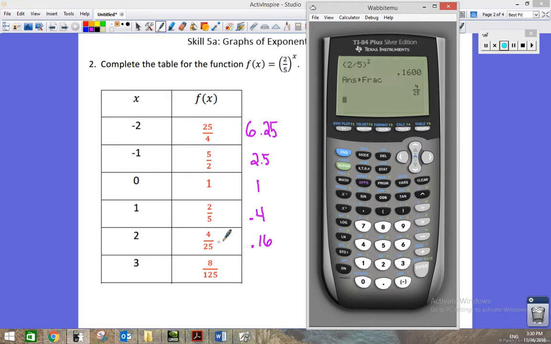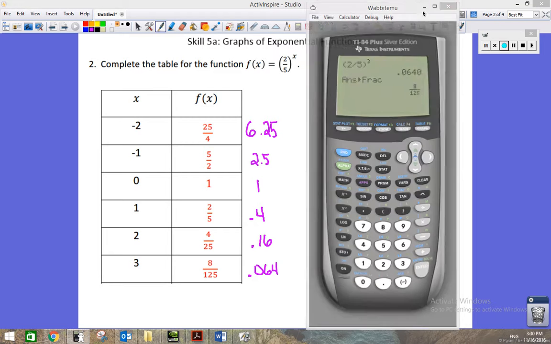So you can see we got 4 over 25. If I plug in 3 as an exponent, 2 cubed is 8, 5 cubed is 125, and as a decimal number, I get 0.064, and you can see that if I turn that to a fraction, 8 over 125.